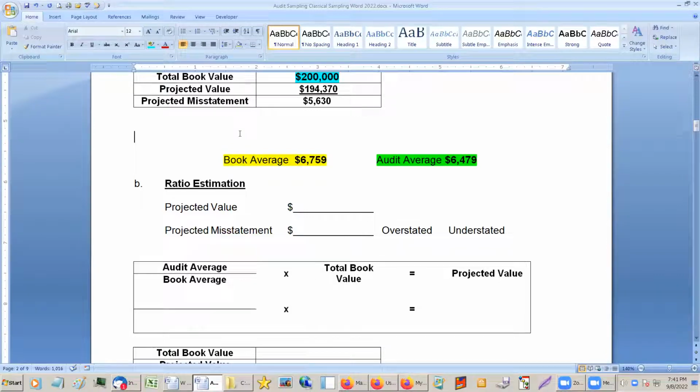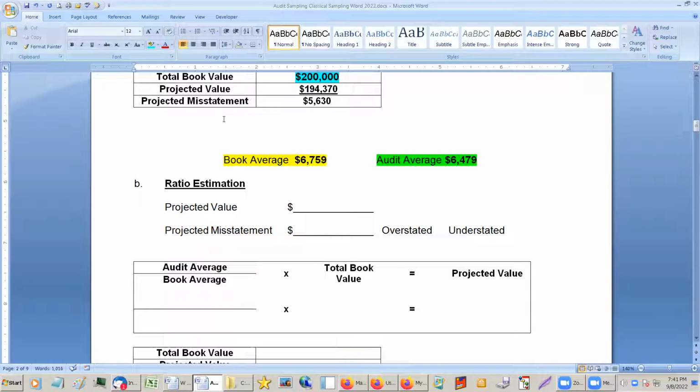So for instance, a $50 account probably won't have a $1,000 error. An $80,000 account might have a $1,000 error, probably a lot more stuff in an $80,000 account. So ratio estimation says big things will be up by big amounts, small things by small amounts.